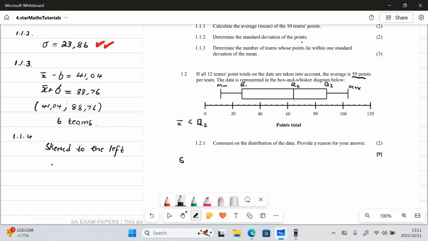Why are we saying it's skewed to the left? If we check our mean, our mean is less than our median.